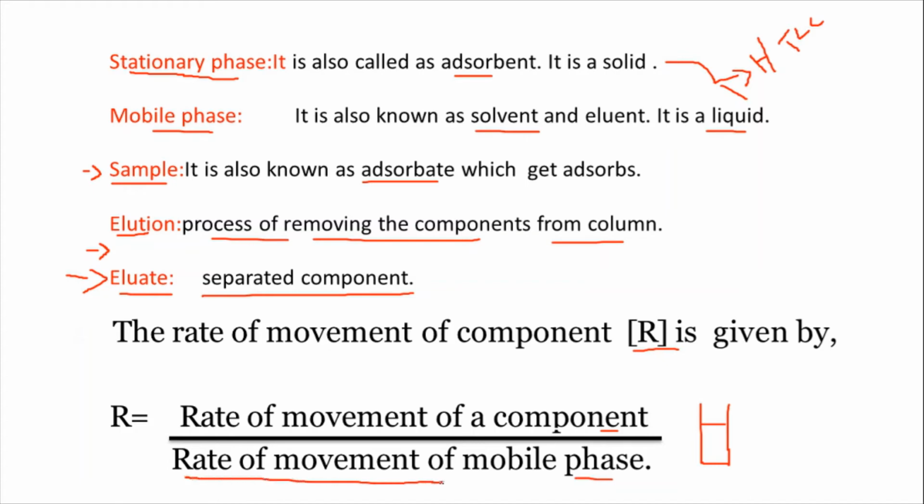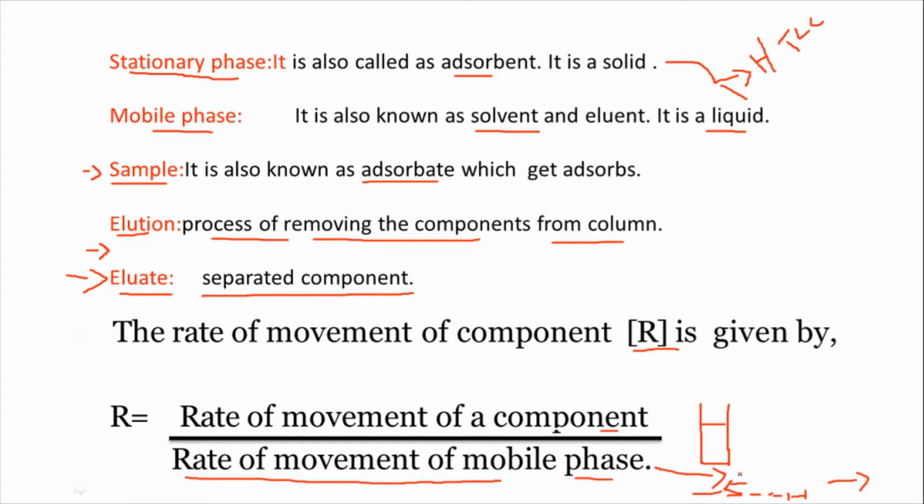The rate of movement of the mobile phase, how does it affect the rate of the components? The question is raised. If you are using low polarity solvent to high polarity solvents, for example, low polarity means benzene, diethyl ether, acetonitrile, likewise ethanol, and finally water is the high polarity solvent.